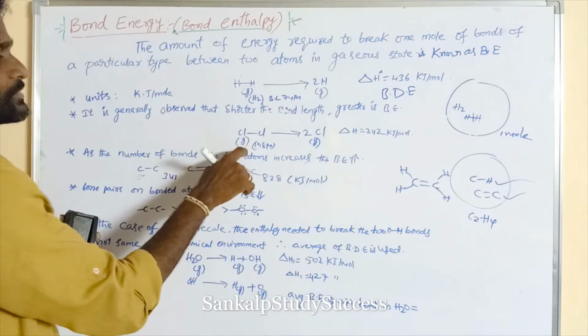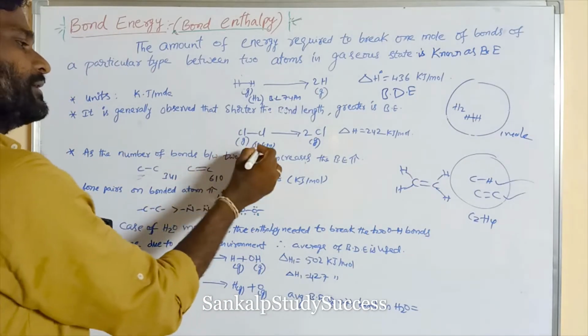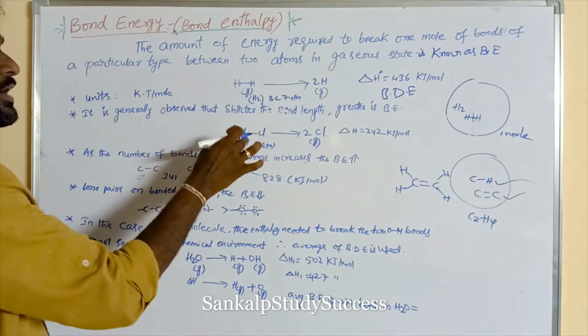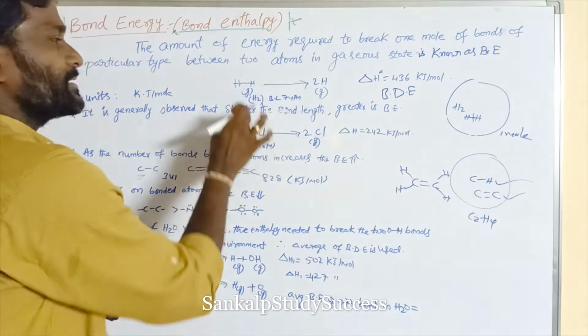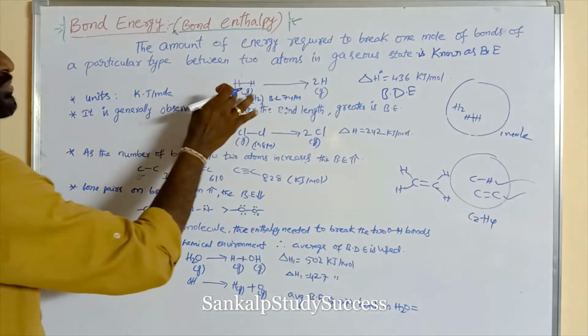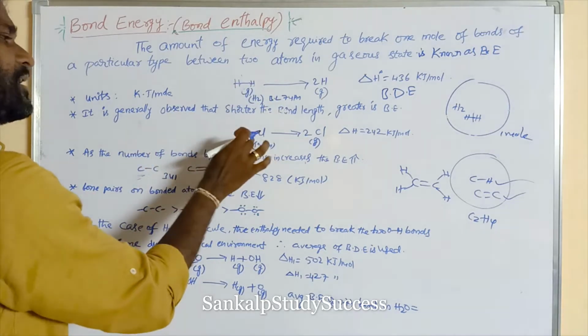Here chlorine, its bond length is 198 pm. So the bond length of Cl2 is more than that of H2, due to the small size of hydrogen atoms and the larger size of chlorine atoms.